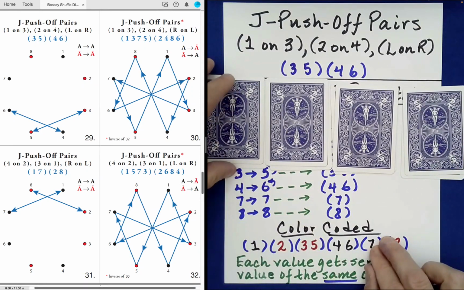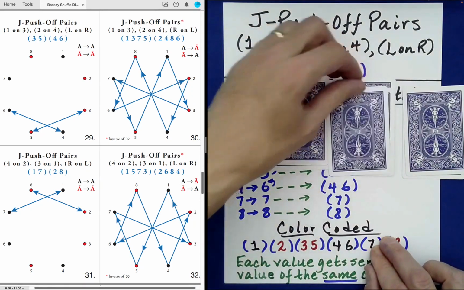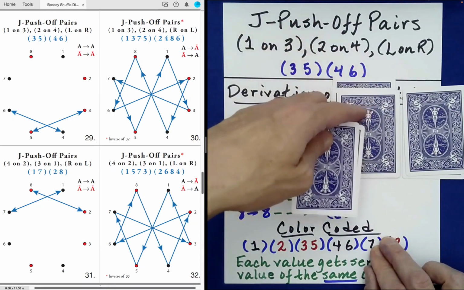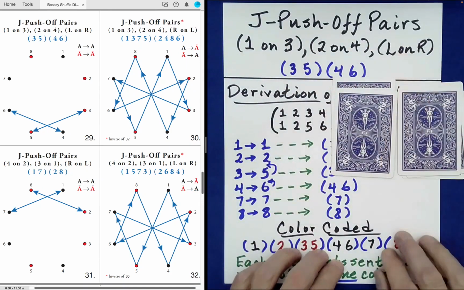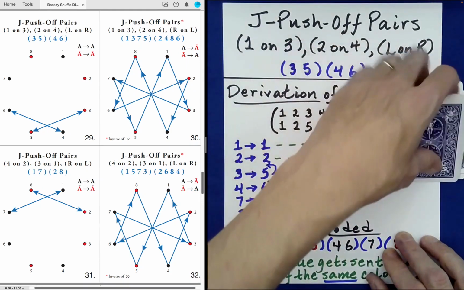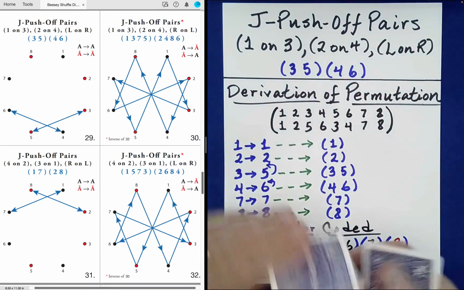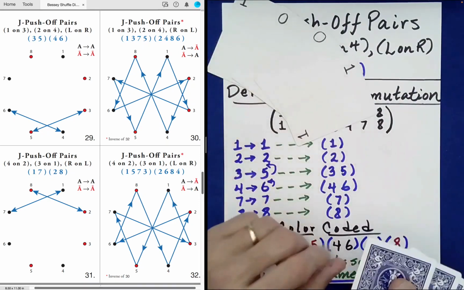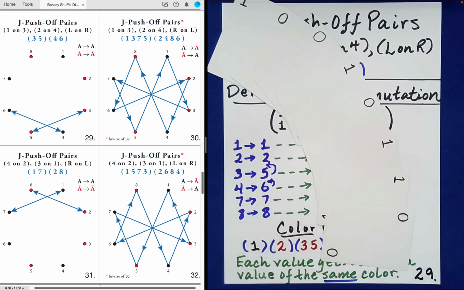Remember, we're doing this leapfrog stacking. So 1 jumps over 2, lands on 3. 2 jumps over the 3rd pile and lands on the 4th. And then we're stacking the left pile on top of the right. So it should be the case that we get 1, 0, 0, 1, 0, 1, 1, 0, which we do.